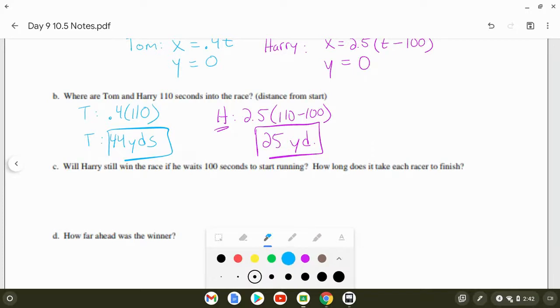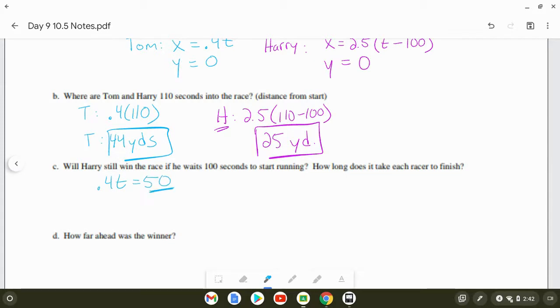But then it says, will Harry still win the race if he waits 100 seconds to start running? Well, we can do this if it's a 50-yard race. We would say Tom would be 0.4t equals 50, because that's his finish for the horizontal distance. And then t would be 125 seconds. So this is how long it takes Tom to finish the race.